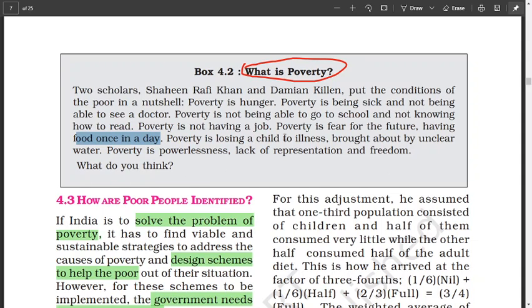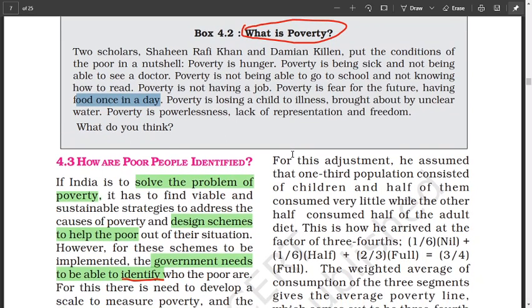Poverty is losing a child to illness. Poverty is not getting access to basic needs, water. Poverty is powerlessness, lack of freedom, and all those. So you understand that being poor means not being able to get access to basic necessities of life, things that we need to live. That's when we are in a situation of poverty.